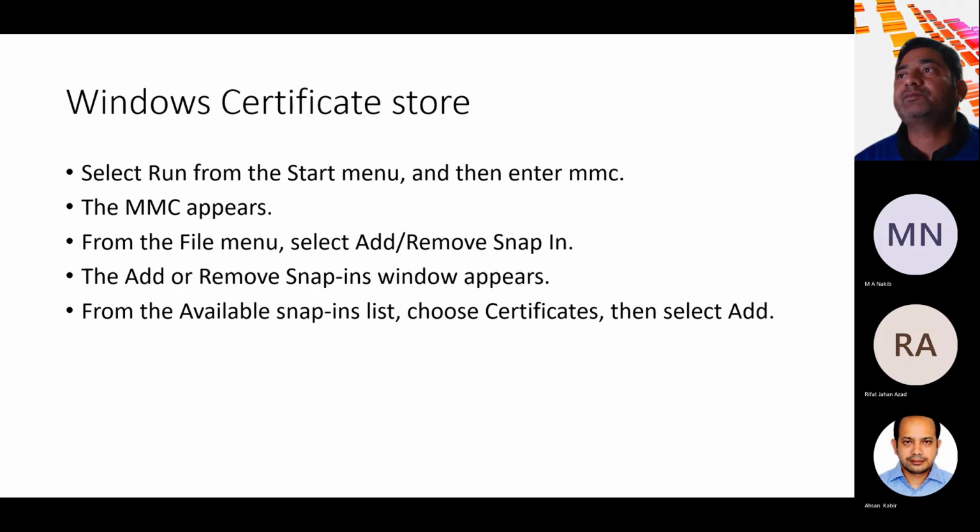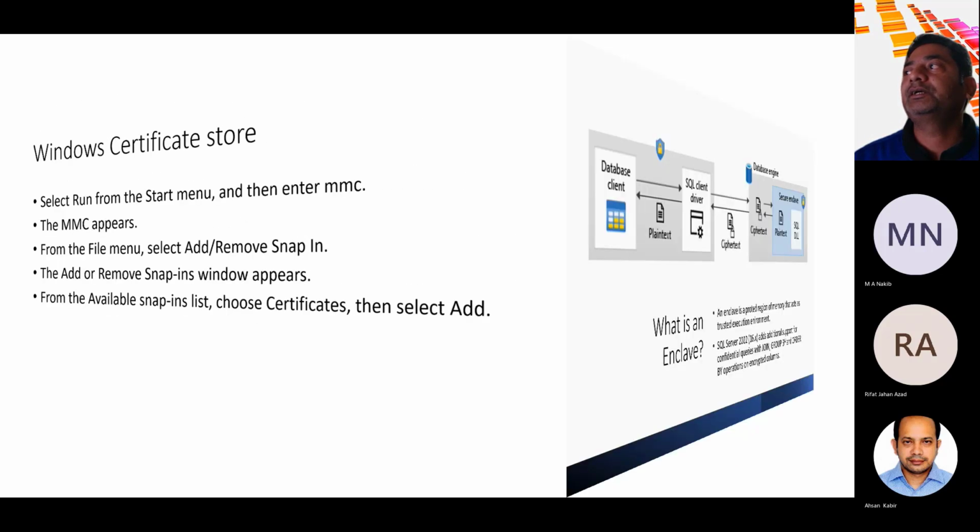Otherwise, you have the option of the Windows certificate. And it's very easy. We can just open MMC. In our demo, I'll show where it is stored. This is the area where we can see the certificates generated for the encryption in our certificate store.